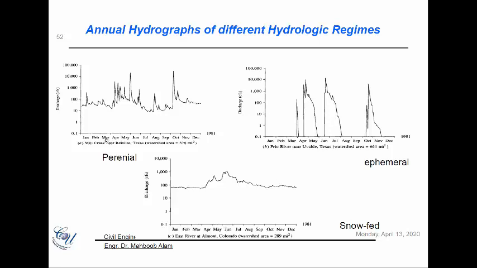The first one, when we look at it, you see that you always have a certain discharge. The discharge on the y-axis is in cubic feet per second, and if you draw an average line, you would see a particular value of around, let's say, 50 cubic feet per second of water that is always flowing in this river, which means that it is a perennial river.